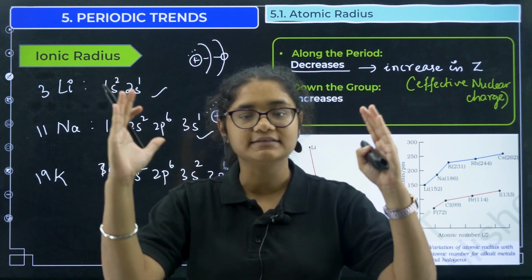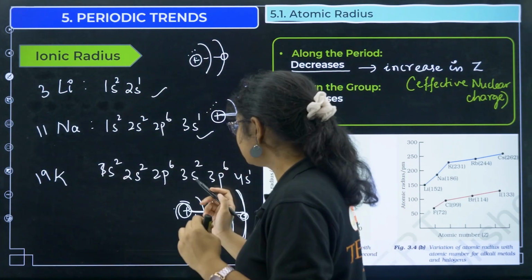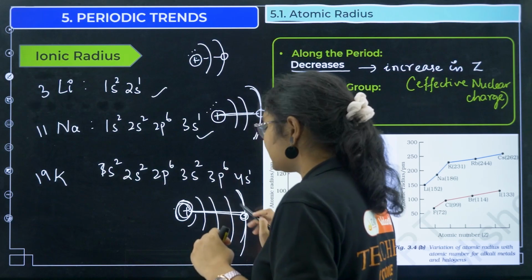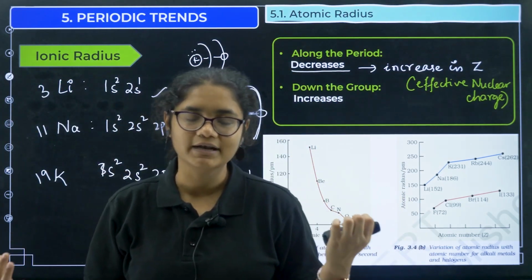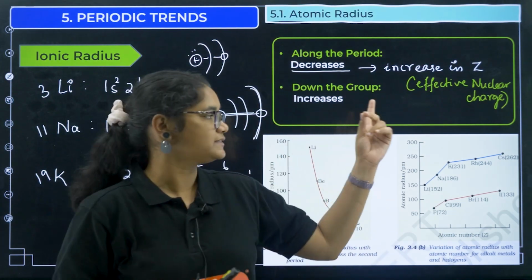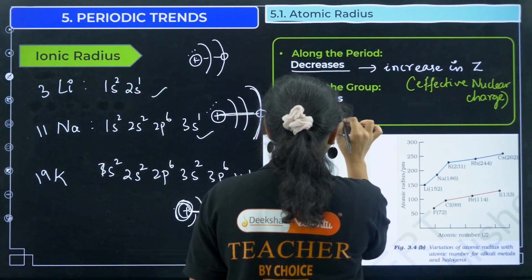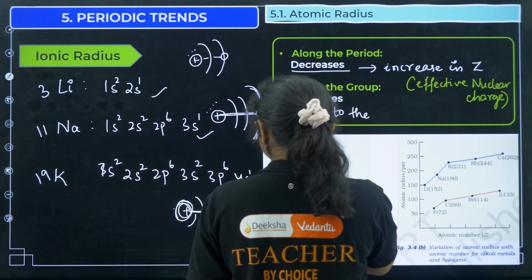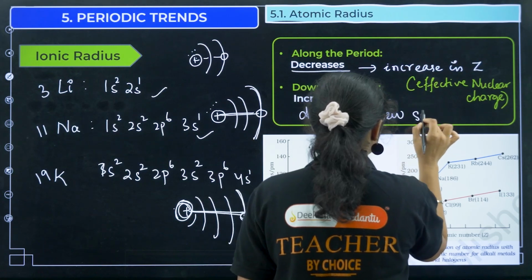So that is why the distance remains the same, so more force can be applied. But here, although this one is increasing, the electron is moving far away from the nucleus because new shells are added, right? So as we go down the group, the size increases due to the new shell added.